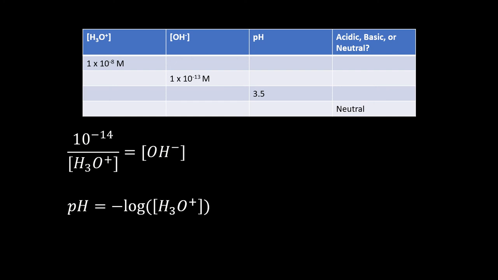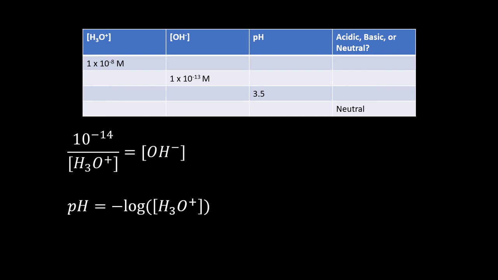And just going for the first horizontal row, what we already know is the concentration of hydronium ion, H3O+, and that would be 1 times 10 to the negative 8th molars, or moles per liter. Essentially, what we can do is either solve for pH or hydroxide ion concentration relatively easily if we already know the hydronium ion concentration.